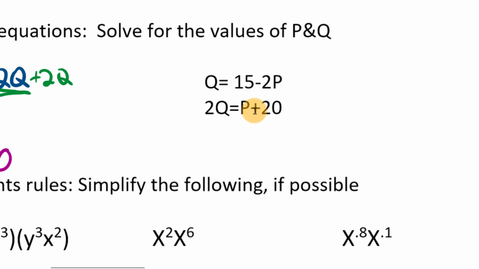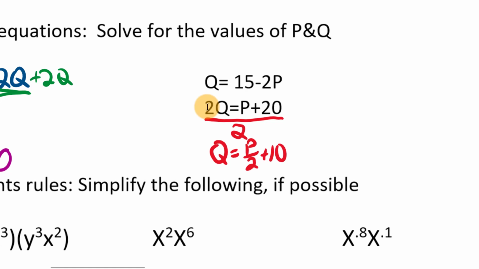We could take a similar kind of strategy we did last time, except here we have 2Q, and so we'd have to convert this equation into Q instead of 2Q. So we could just take this entire equation here and divide everything by 2 and end up with something like Q equals P over 2, or 1/2 P, plus 10.